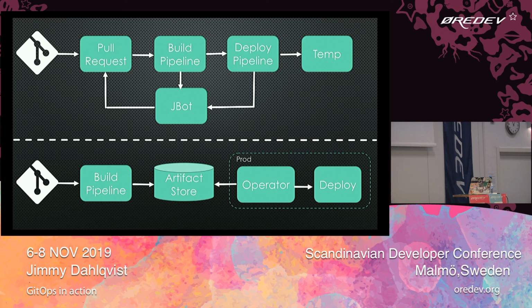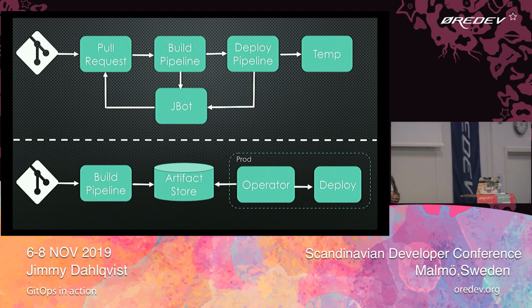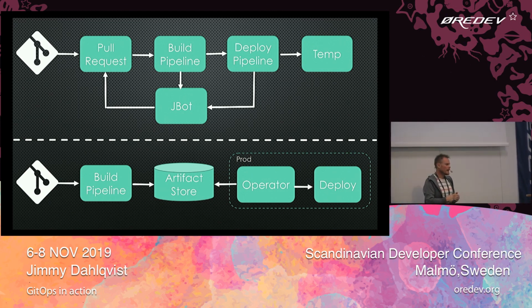I have set it up so when we do open a pull request, we will create temporary environments to be able to detect and test out the new features we have done and to run all our automatic tests. When we are happy with the pull request, it will be merged, and we will actually do a push-based pipeline to production. We do not use pull-based pipelines today. We use yet another push-based pipeline that will push an artifact to the artifact store.